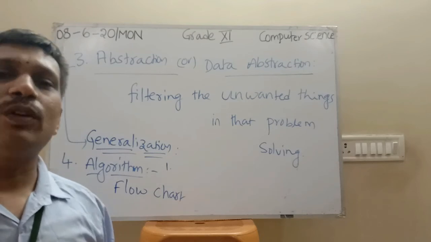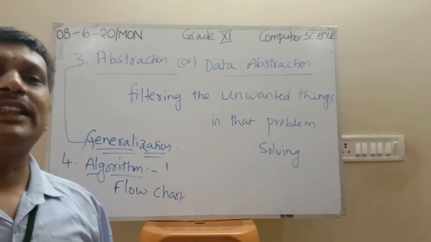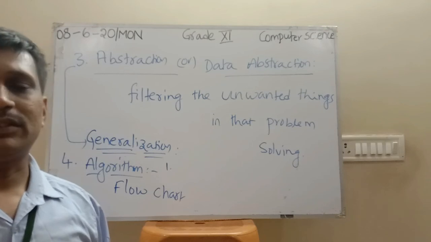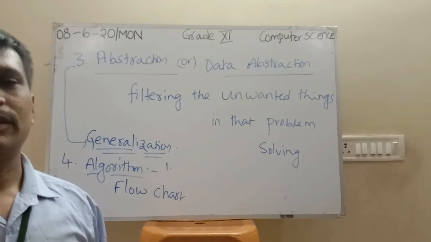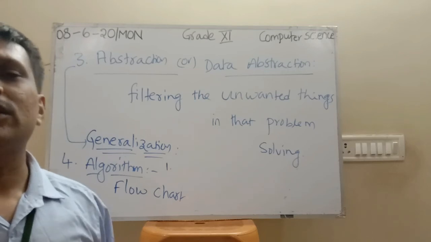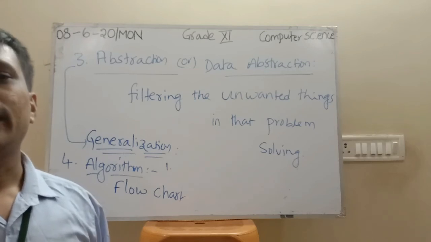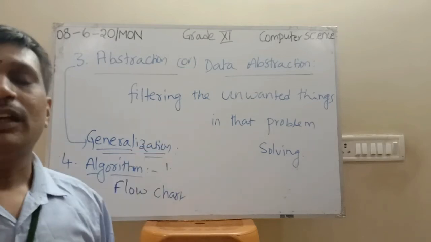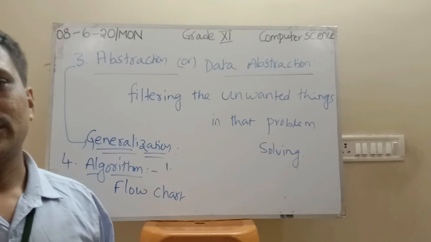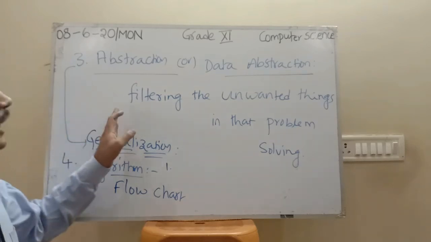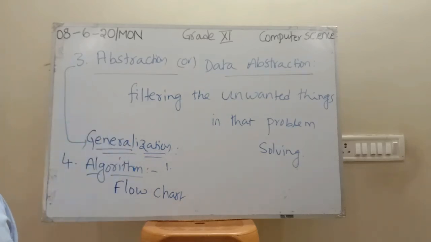We are not considering internal details, we consider only the external things needed to solve the problem, not focusing on what is outside the problem solving techniques. Filtering out the unwanted things is what we call data abstraction.